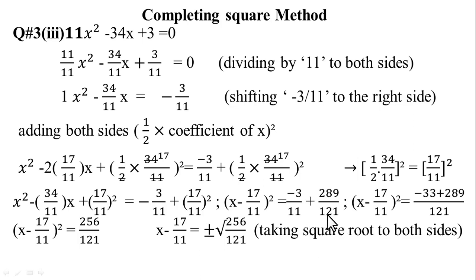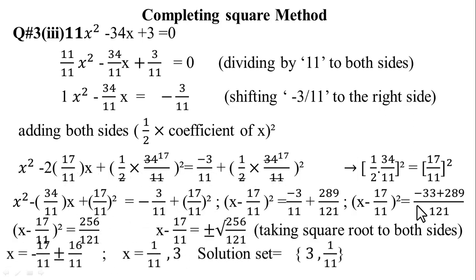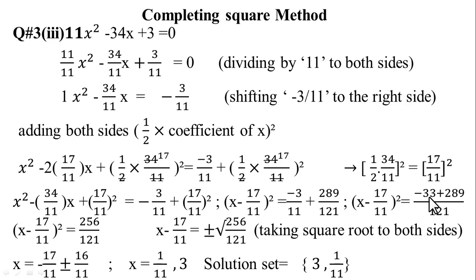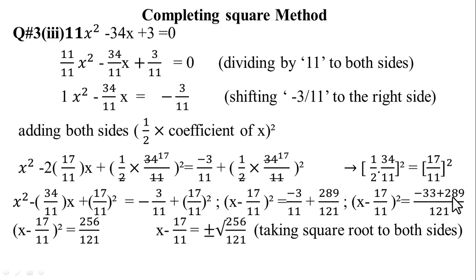Now taking the LCM of right side, so this implies that x minus 17 upon 11 whole square is equal to minus 33 plus 289 divided by 121, because LCM is 121. 11 multiplied by 3 is 33.